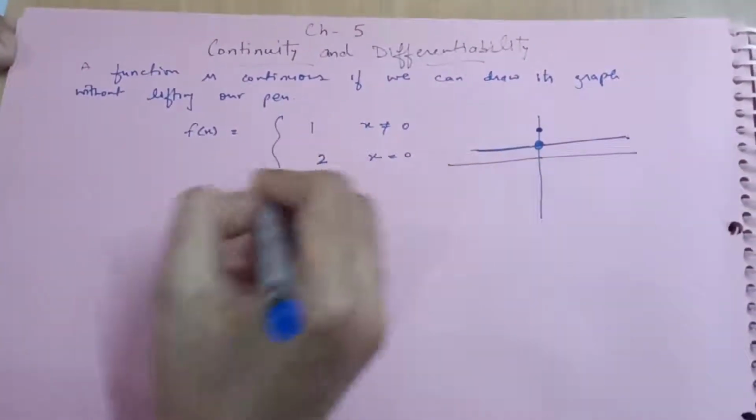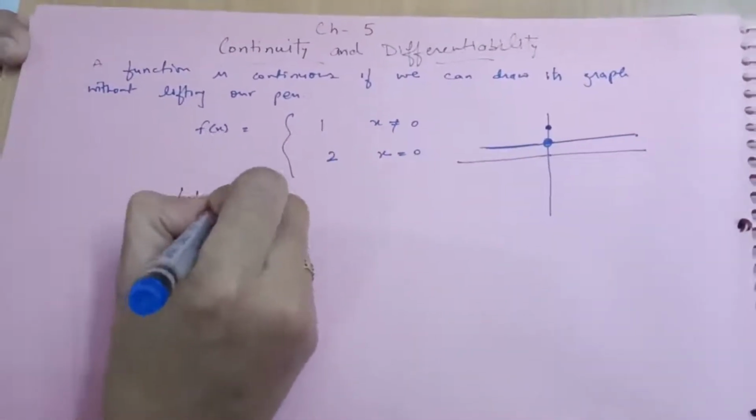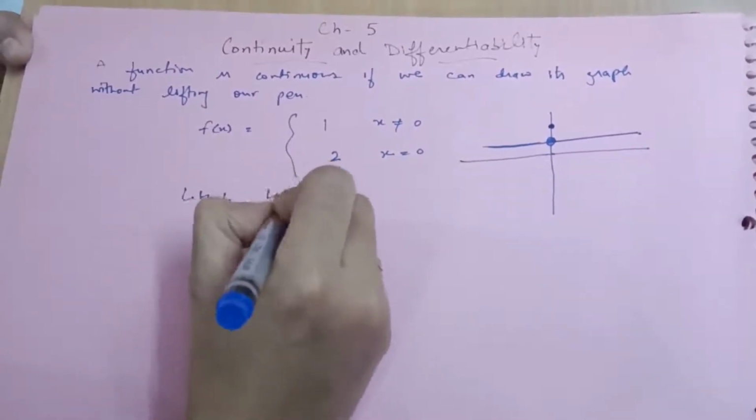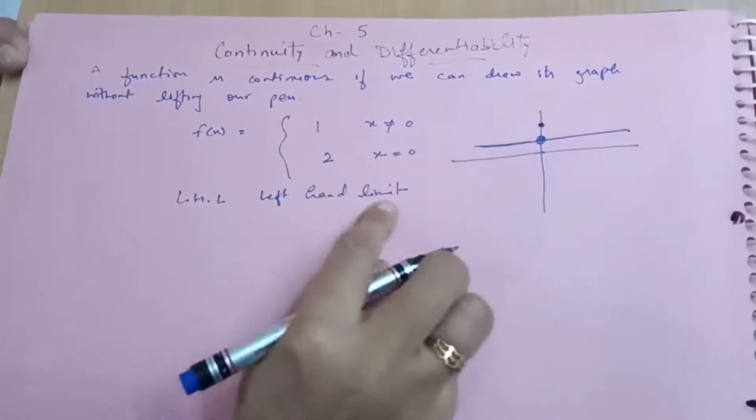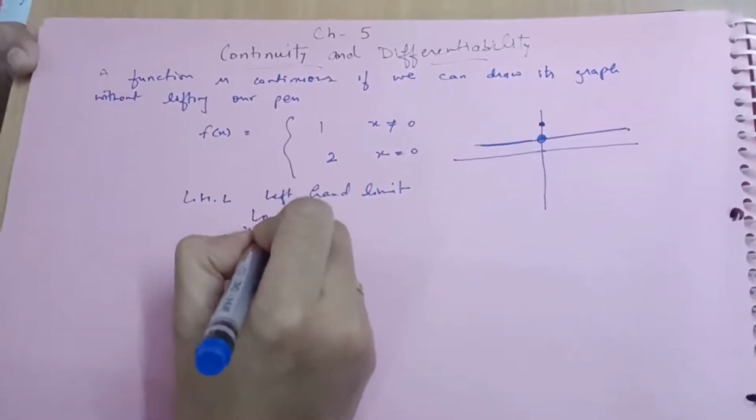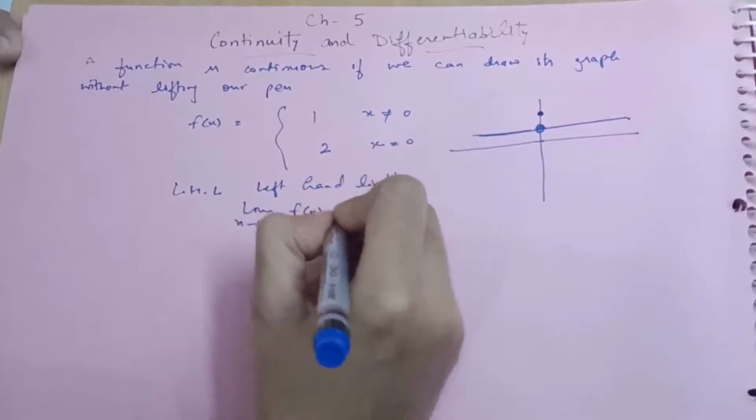What we say is, this is called the left hand limit, which you already studied in 11th class. The left hand limit is the limit as x tends to 0 minus of f(x), and it gives me 1.